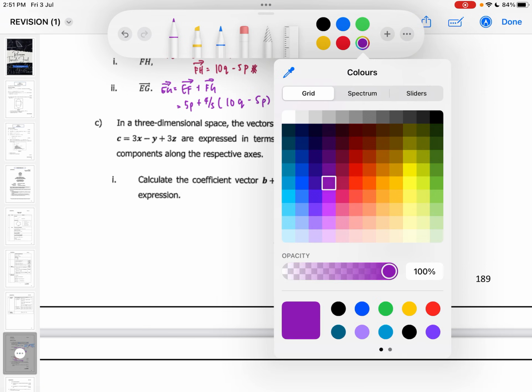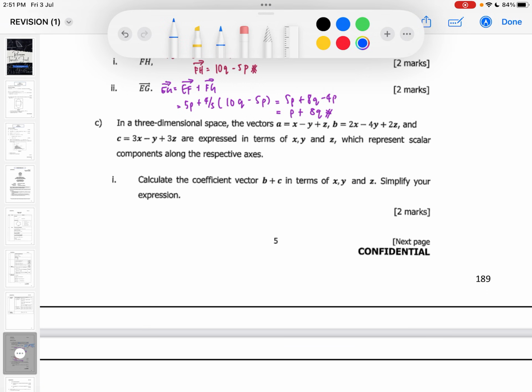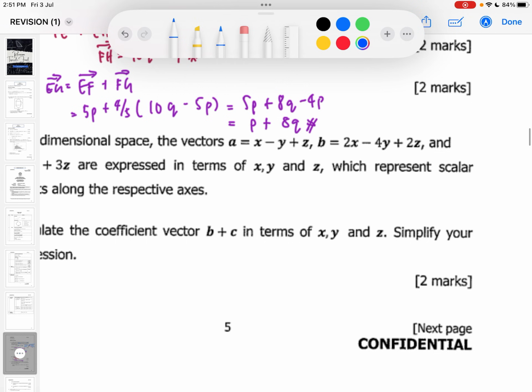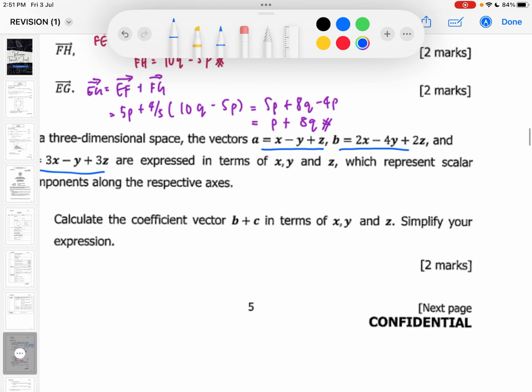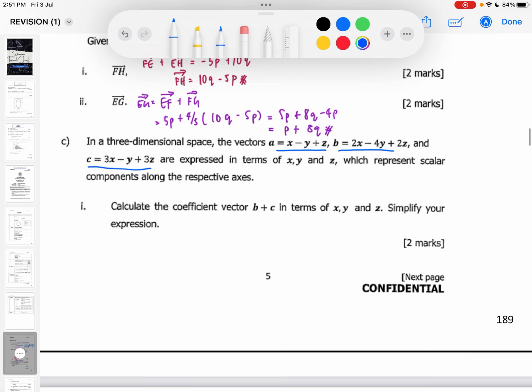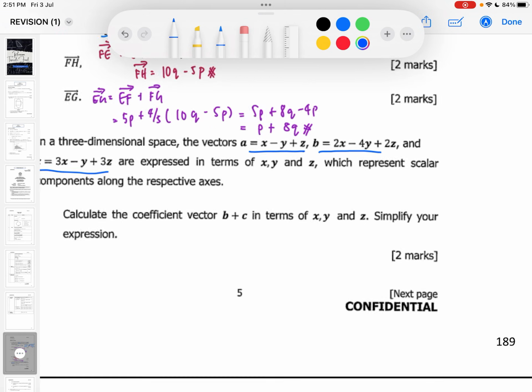Now for C. In a three-dimensional space, the vectors A equals x minus y plus z, B equals 2x minus 4y plus 2z, and C equals 3x minus y plus 3z are expressed in terms of x, y, and z, which represent scalar components along the respective axes.